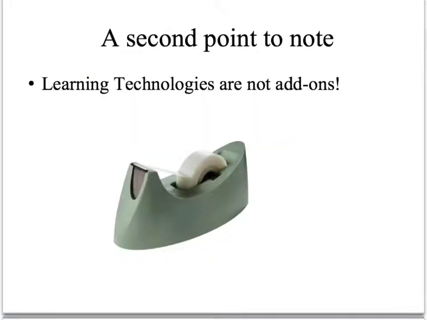And this leads directly to a second point. Learning technologies are not add-ons. It is bad practice to tack on learning technologies at the end of your teaching design process, as, for example, an afterthought. Instead, think, what is it that I want to achieve? What problems or issues might crop up that technologies can help me address?